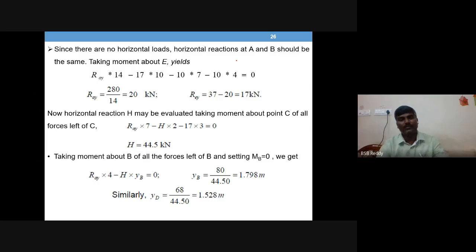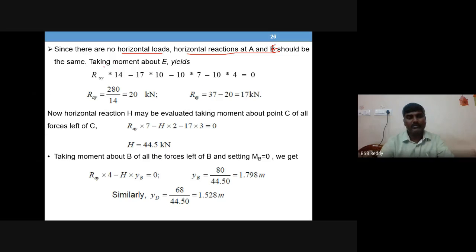That's why I have shown you how you are going to use that in the form of equation. Since there are no horizontal loads, the horizontal reactions at A and E should be the same.